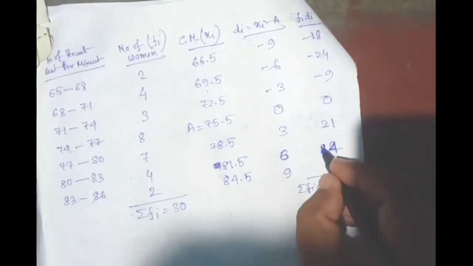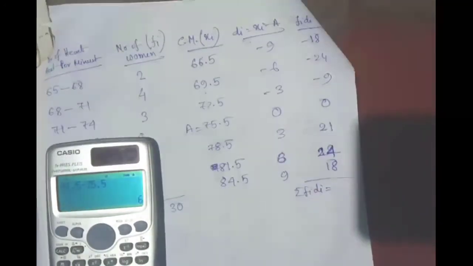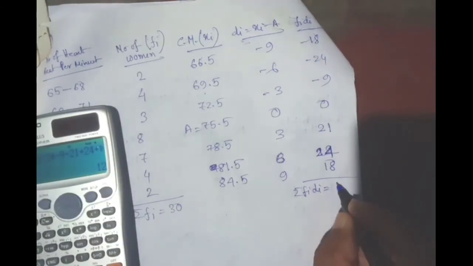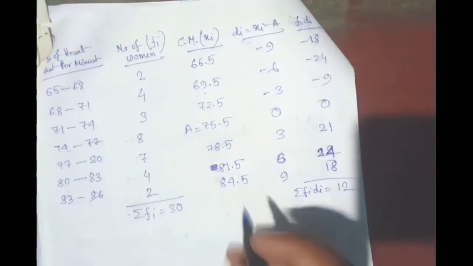Plus 24. So now we'll add this: minus 18 minus 24 minus 9 plus 21 plus 24 plus 18. We'll get 12 over here. So summation of FIDI is equal to 12.